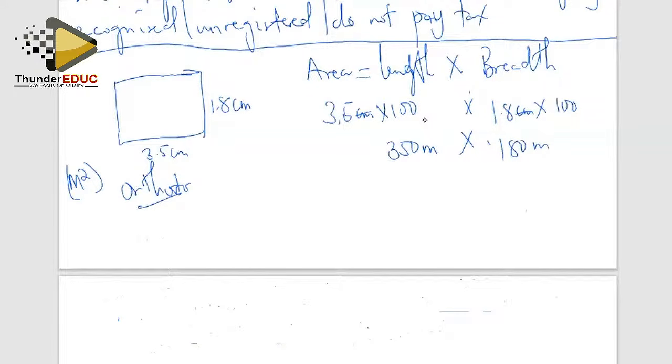If we multiply the two, we get 63,000. Already our answer is in square meters because you are multiplying a meter by a meter. So that's basically how you calculate. You measure the length side and multiply by 100 to get the actual distance in meters.